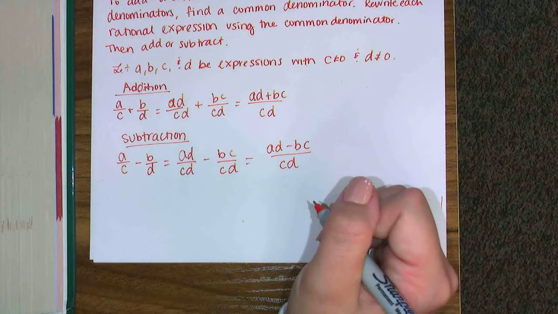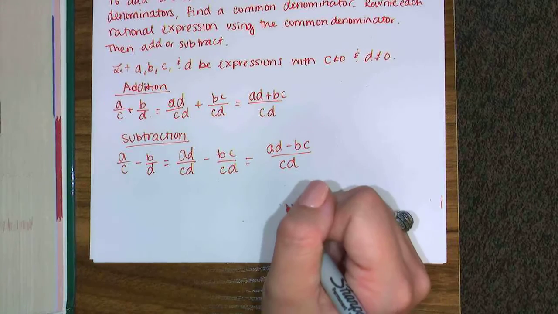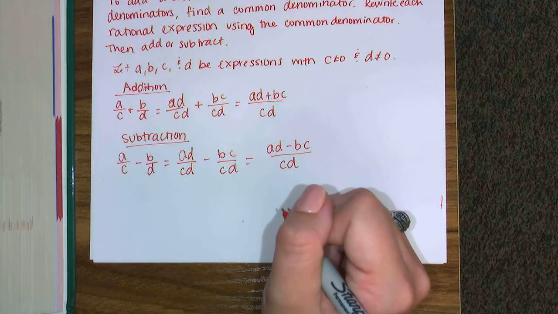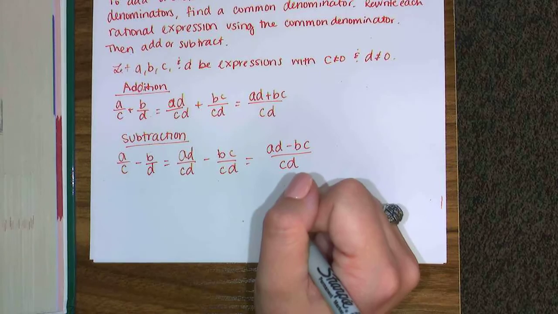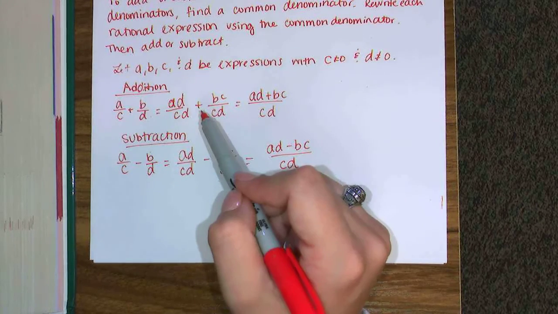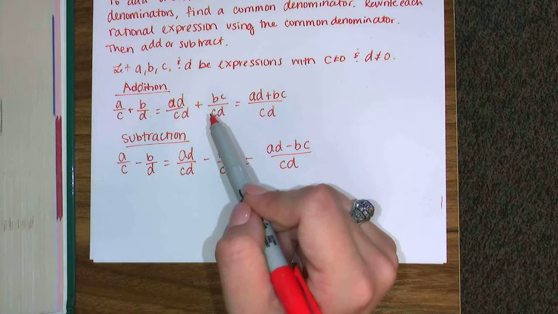And I know that's probably confusing just seeing a bunch of letters because these aren't even expressions, and you're probably like, I already know how to do this. Why are you teaching this? But we're going to get ready to do these where these are actually expressions. In just a second I'm going to show an example. But the other comment that the book makes is that you can always find a common denominator of two rational expressions by multiplying their denominators as shown above.